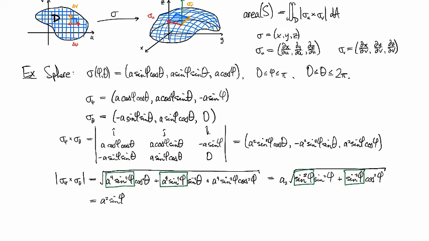Okay, so now we're ready to go ahead and figure out what the area of this sphere is. So we go from 0 to 2 pi, 0 to pi, A squared sine phi d phi d theta.